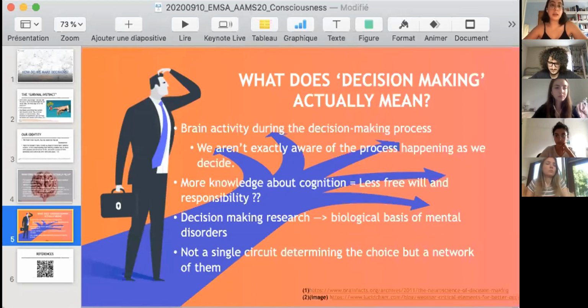And decision making is so hard to study because of this. There are so many psychological, anatomical, and physiological elements that play into how we make decisions.